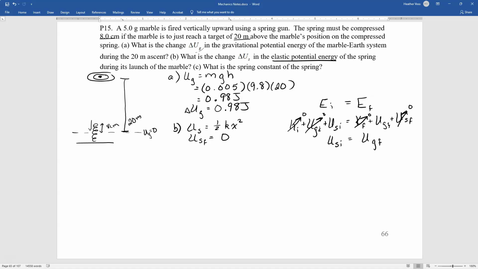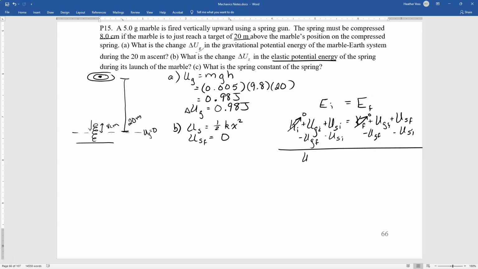Another thing we could do is we could rearrange these. So let's go back here for a second. Bear with me. If I stop right here on my rewind, I could put all of my spring stuff on one side, all of my gravitational stuff on the other. So if I subtract USI and I subtract UGF on both sides, what I get is UGI minus UGF.